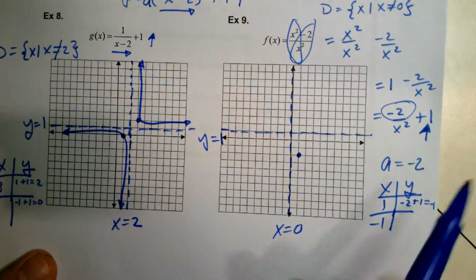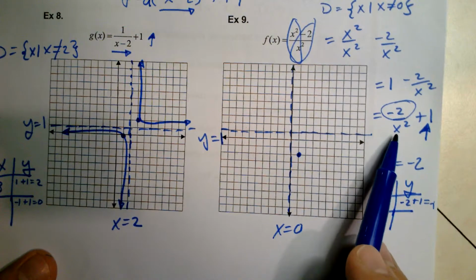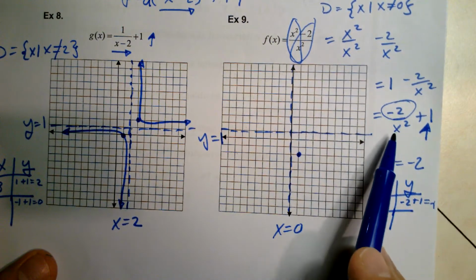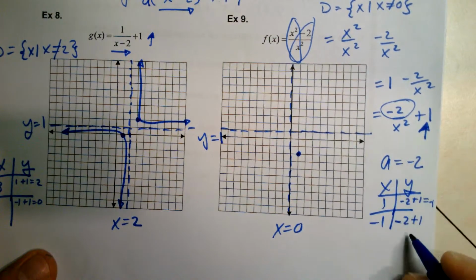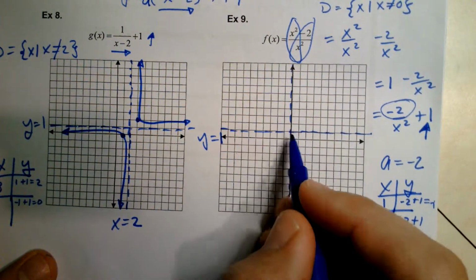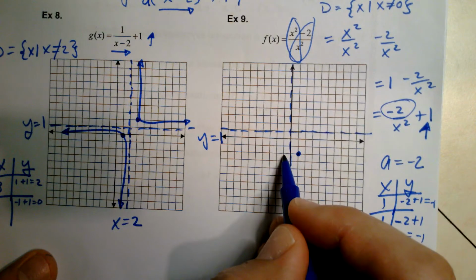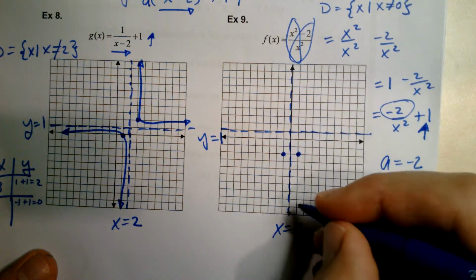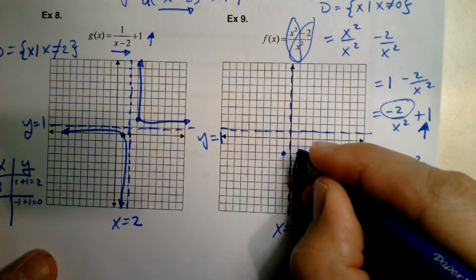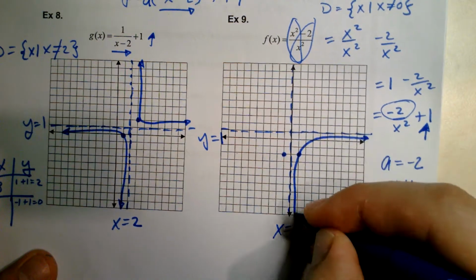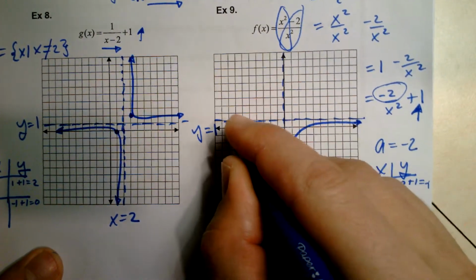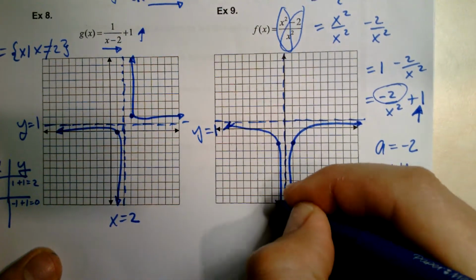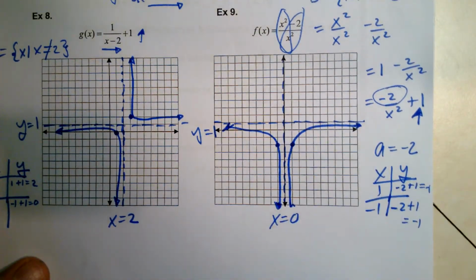Same thing happens when I plug in -1. -1 squared is 1. -2 over 1 is still -2. -2 plus that 1 is -1. So when I go over 1, down 2, I put it right here. And now these graphs are getting closer and closer to these asymptotes and never going to touch these asymptotes. Okay, looks something like that.